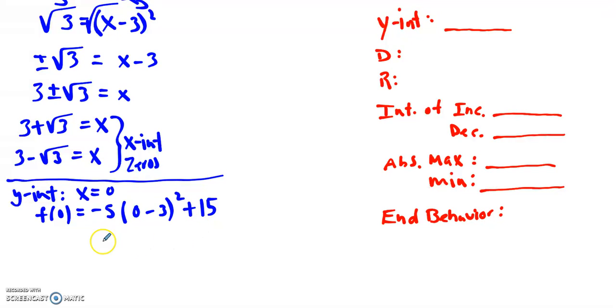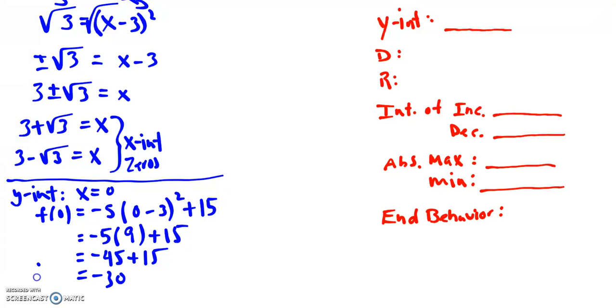And we're not subtracting 15 and doing all that now. We're just evaluating. So we're just going to follow order of operations. So -5 times, well, 0 minus 3 is -3. -3 squared is 9, plus 15. So -45 plus 15, and that's negative 30. So my y-intercept is (0, -30). Right, we'll have to make a really big graph for that.